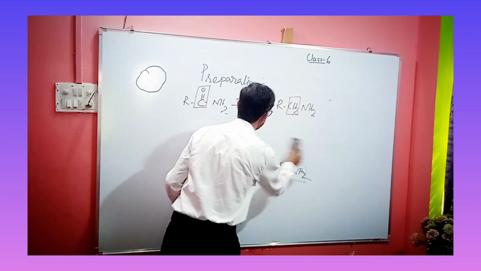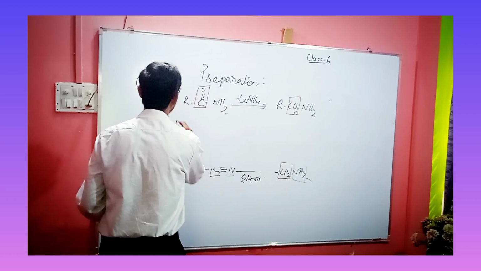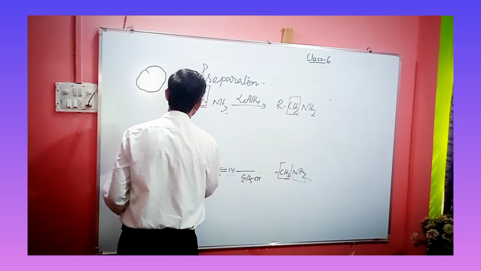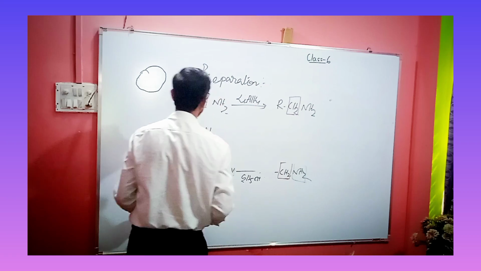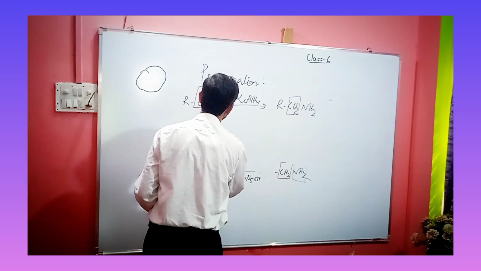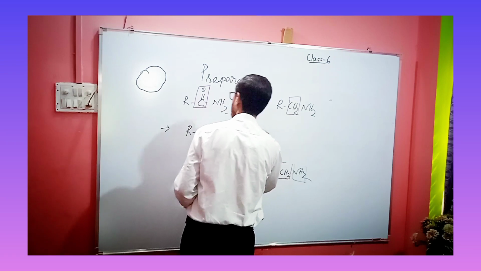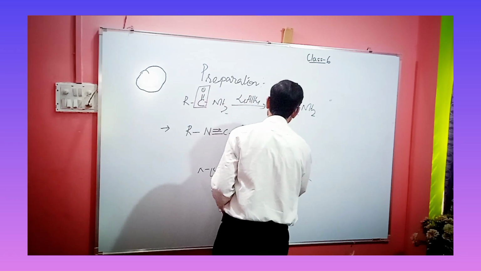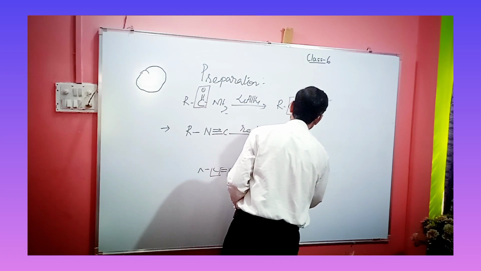Again, if your cyanide is isocyanide and you make reduction you will get 2 degree amine. It is very important, 2 degree.